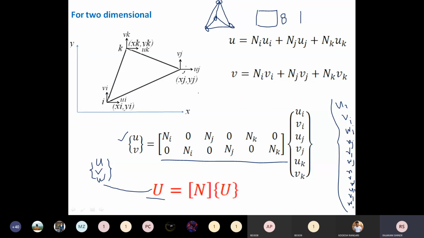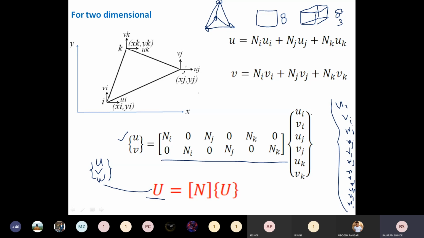Now if we go for the brick element, or the hexahedron element, you can see here this element has this 4 and this 4, 8 nodes, and at each node there are 3 displacements, because it is a 3-dimensional element. So it has 24 components.